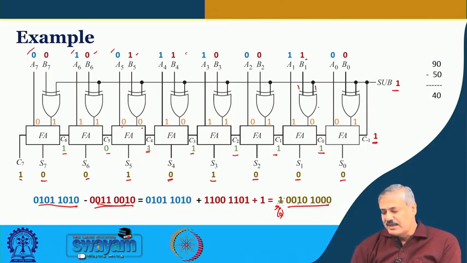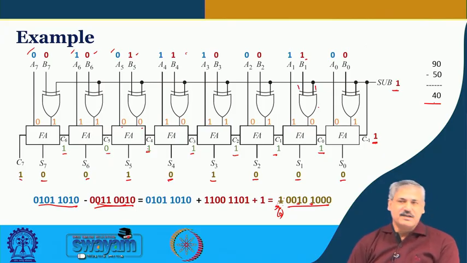So, this is the answer. So, answer here what we see, this is 32, right, and this is 8, 32 plus 8, this is 40, clear. So, this is how we do addition and subtraction from the basic circuit that we have seen.